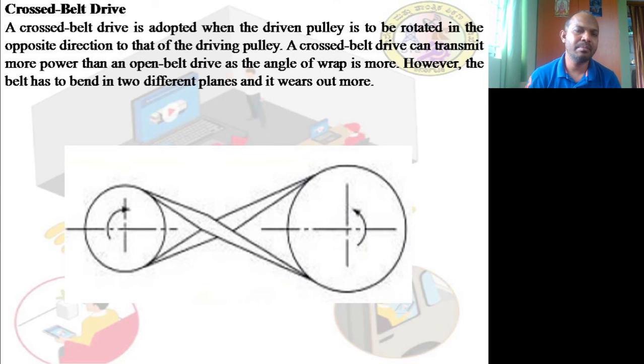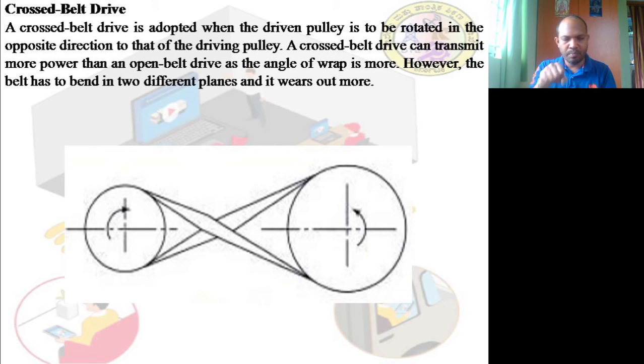The life of the belt which is being used in the cross belt will be less compared to the life of an open belt drive. But on certain occasions when we have to reverse the directions, we will use this cross belt drive. Is it clear? Now, there are even a few things. You might have seen cycling equipment, not our bicycles, cycling equipment.